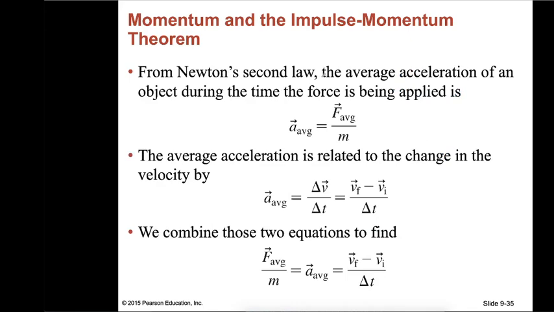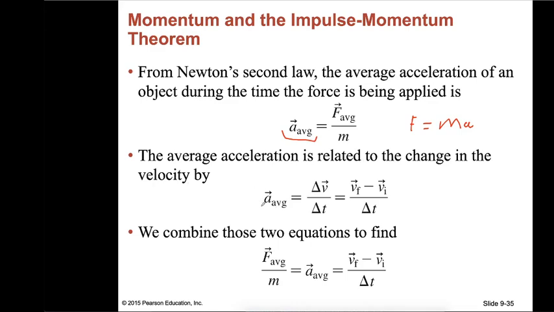From Newton's second law, the average acceleration of the object during the time the force is being applied equals average force over m. This is Newton's second law. Do you remember that? F equals ma, or a equals F over m. The average acceleration is related to the change in the velocity.